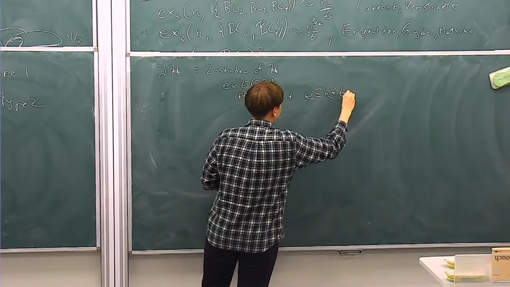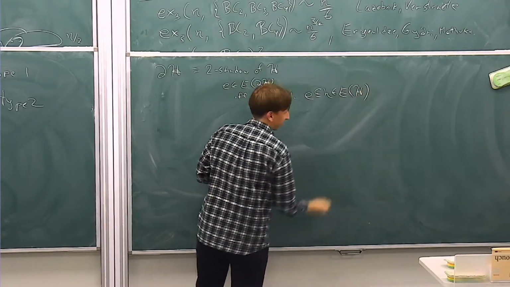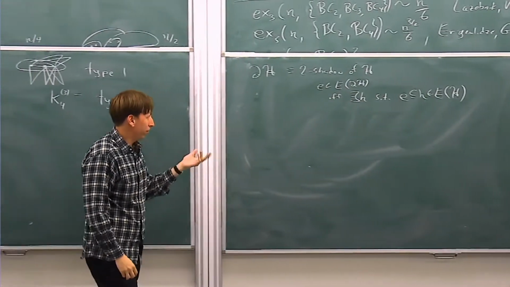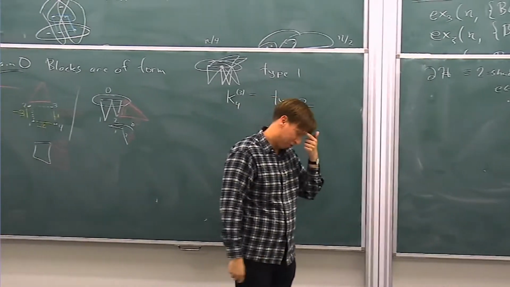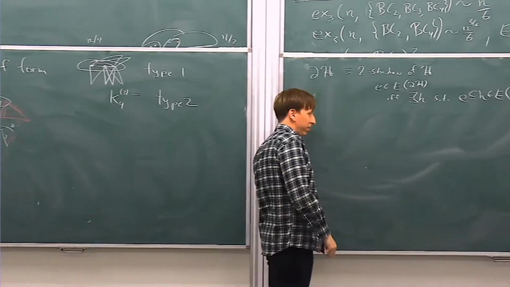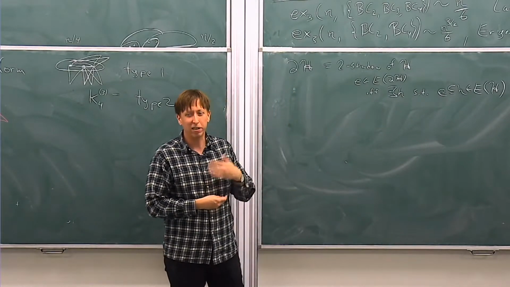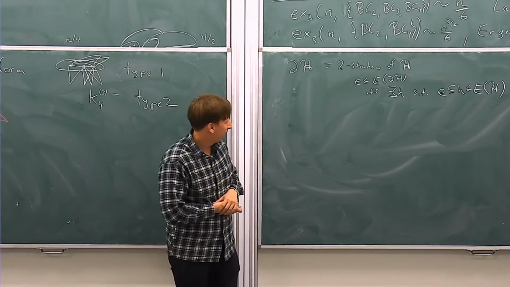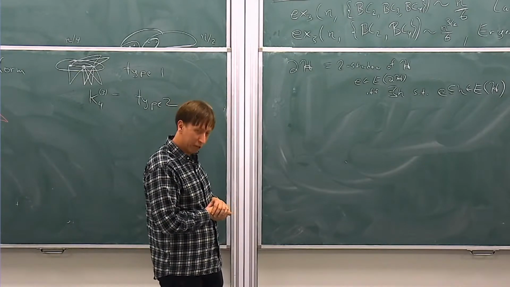So the 2-shadow is just taking all the 2-element subsets which are subsets of some hyperedge, going down from the 3-element sets.